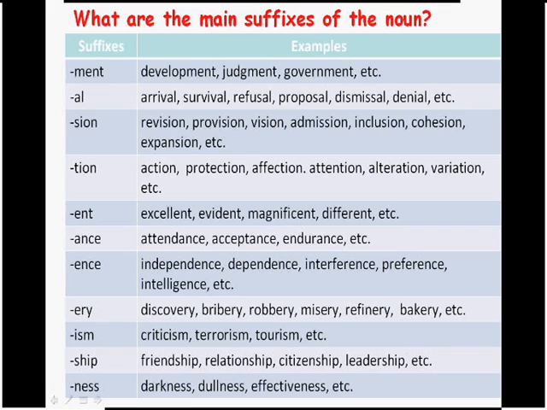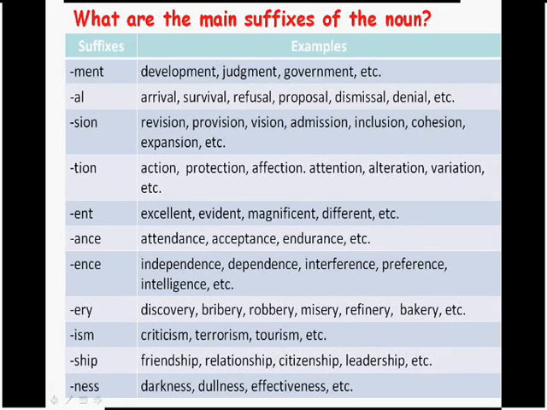It comes from the word discover, okay? So if you write discover, you will find that the verb ends in r. So if you put y and then the ending will be ery, then I changed the verb into a noun. Discovery, bribery, robbery, misery, refinery, bakery.